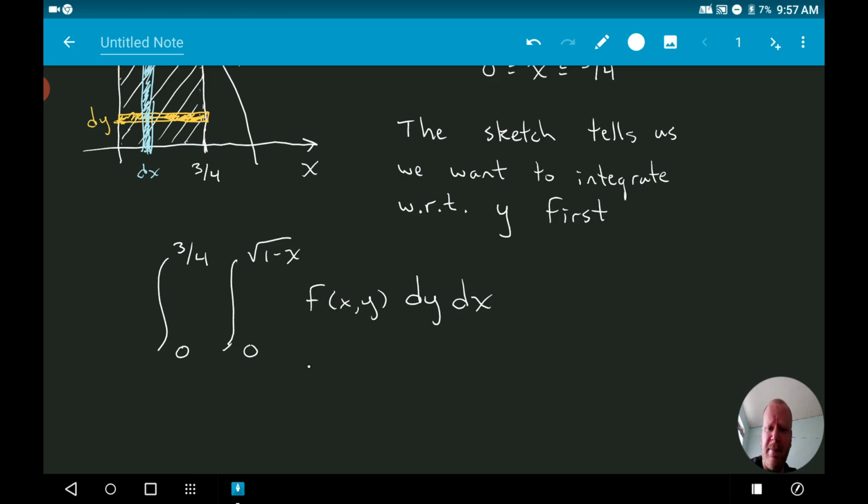One thing I want to point out about this process is if we need to switch the order, or if we're drawing this sketch to switch the order, or if we're trying to figure out the bounds of this, I want you to note that all of this work is only to figure out the bounds.